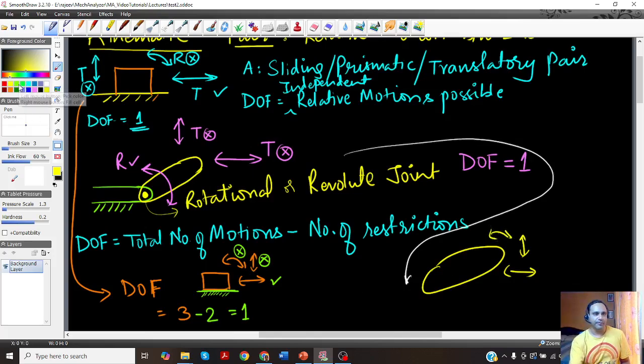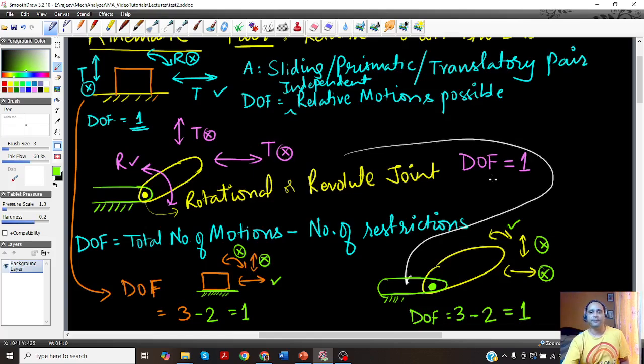However, the moment I introduced a revolute joint like this, what happened is I can't translate. This translation is also not possible. Only this is possible. So again, the degree of freedom as per this definition: earlier the total number of motions was 3, but because of the introduction of that joint, I have lost 2 degrees of freedom. So that means the degree of freedom is 1.